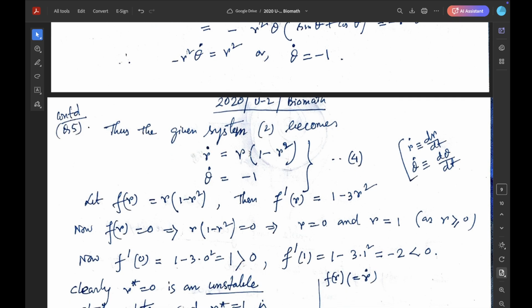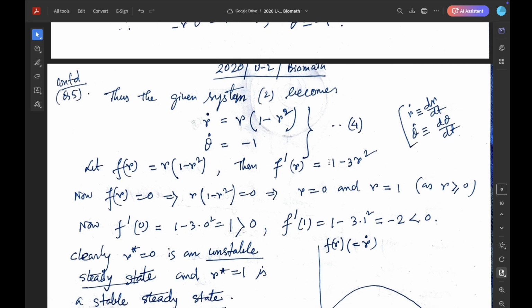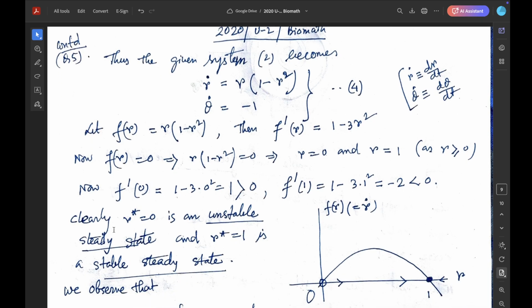Let f of r equal to r bracket 1 minus r square, then f dash r equal to 1 minus 3 r square. Now f of r equal to 0 implies r equal to 0 and r equal to 1. So we get two steady states here. f dash 0 is equal to 1, greater than 0, and f dash 1 equal to minus 2, less than 0. Clearly r star equal to 0 is an unstable steady state, and r star equal to 1 is a stable steady state.